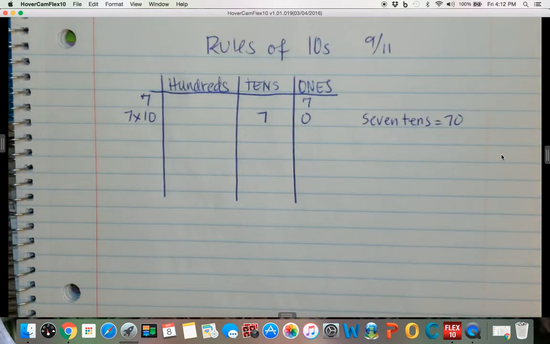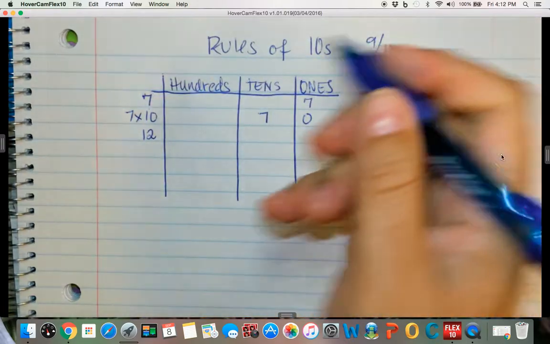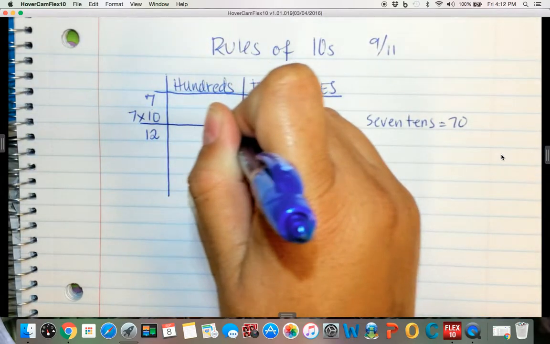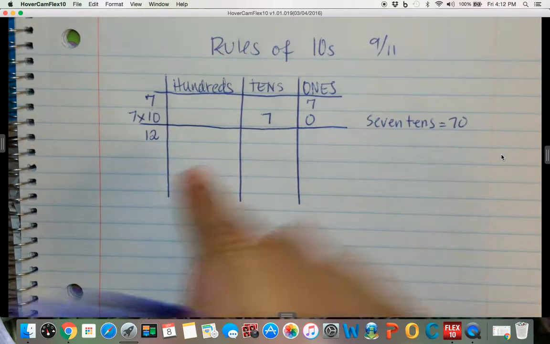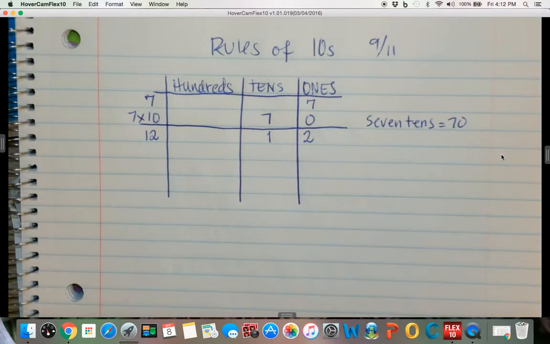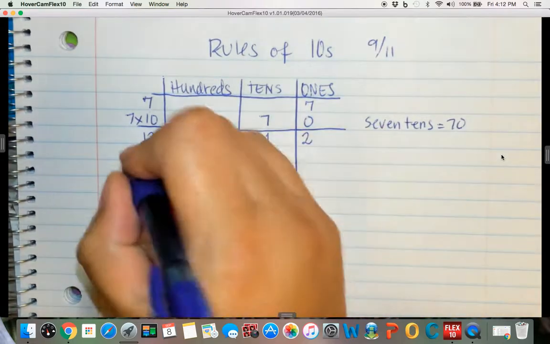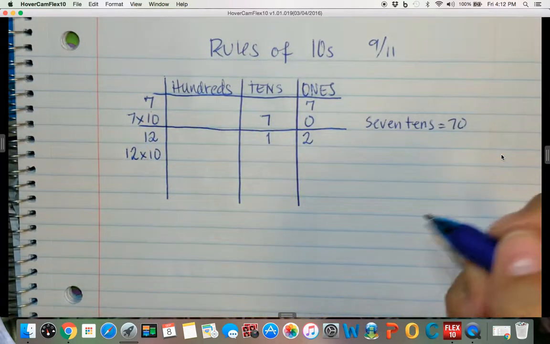Let's say I have 12. Put a line here. Now 12 is different because I have a 2 in the ones place and a 1 in the tens place, and I'm going to multiply 12 times 10.